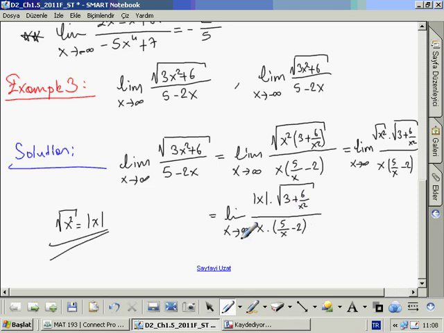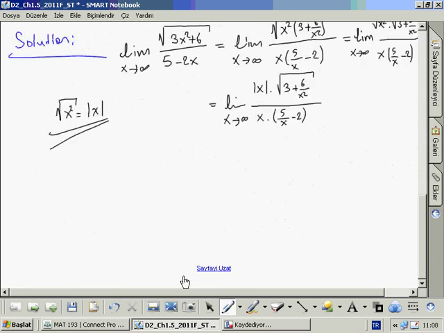Now we can't just cancel the x's, this is important. We first need to get rid of the absolute value bars, and what was it? The absolute value of x equals x if x is larger than or equal to 0, and minus x if x is less than 0.